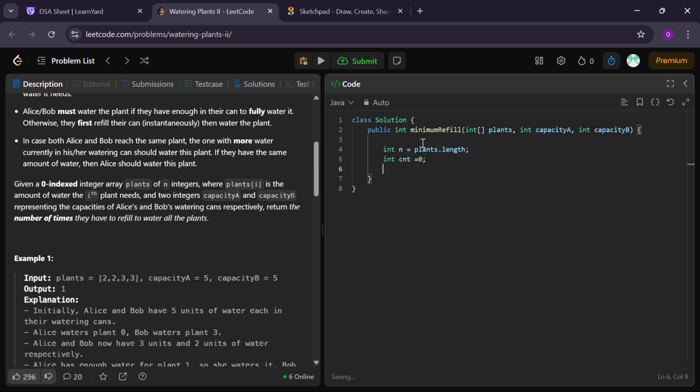Now the next part, we need capacity. So let's store this capacity in a variable t1 and this capacity in a variable t2. You will get to know why I am storing these when we refill the tank.